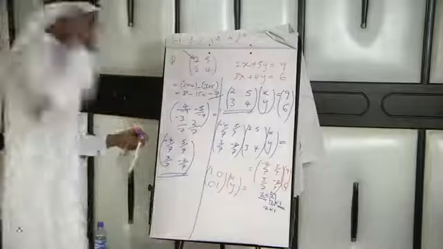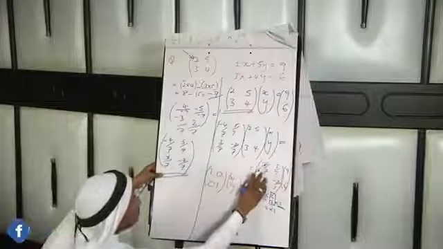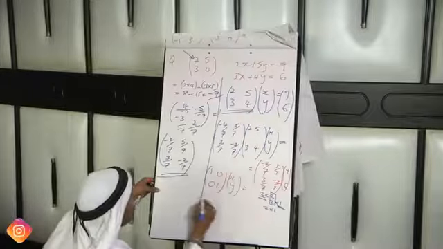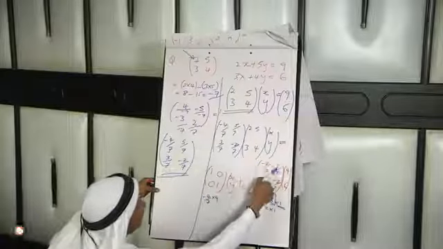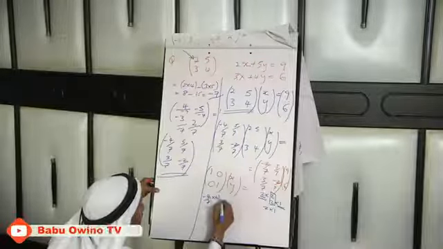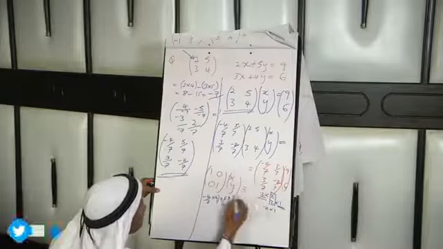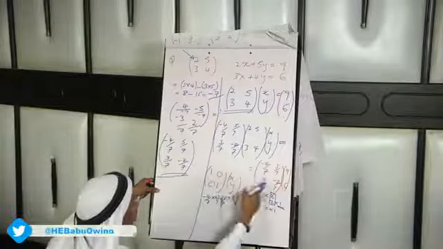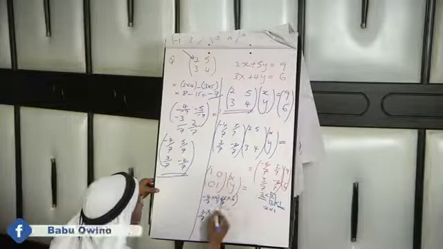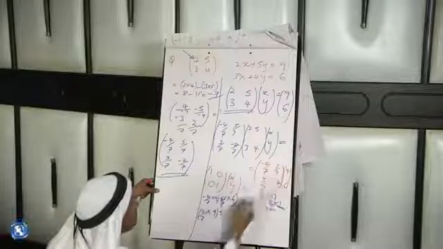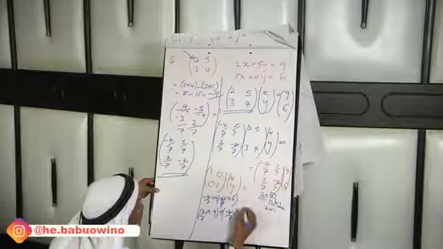So let's multiply this, class. Minus 4 over 7 times 9, plus 5 over 7 times 6. Then here, 3 over 7 times 9 plus minus 2 over 7 times 6.